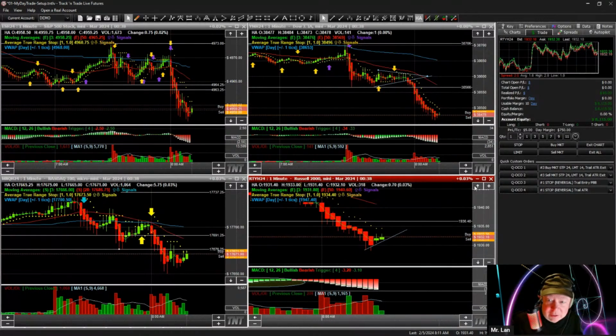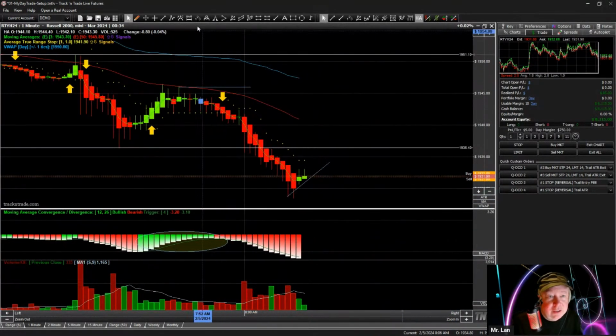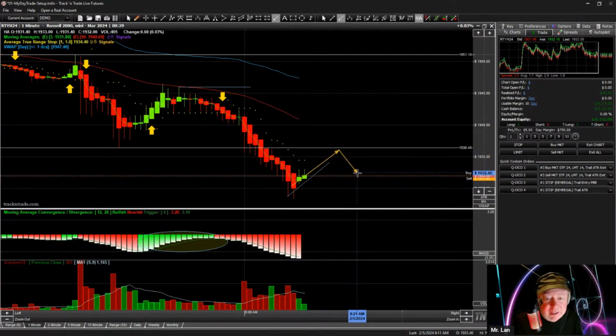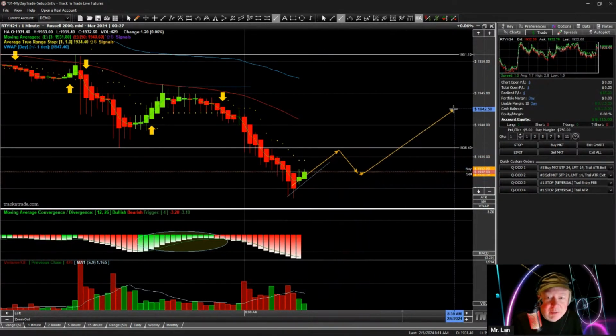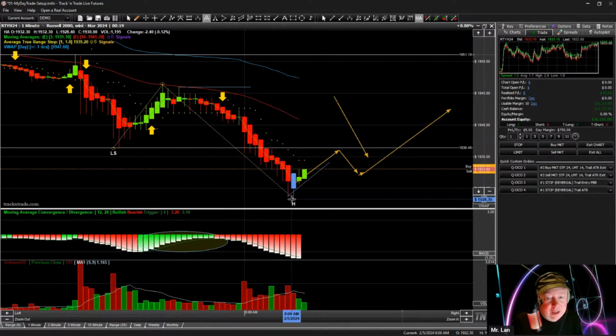If it is the reversal and it does want to go back up at this point, then we'd need it to go up first. We need it to go up, and then we need it to come back down and then go up. And that's where we want to get in right here. Once we confirm that it's going to go up, that would be a head and shoulders formation. Left shoulder, neckline, head. We look for this little right shoulder in here.